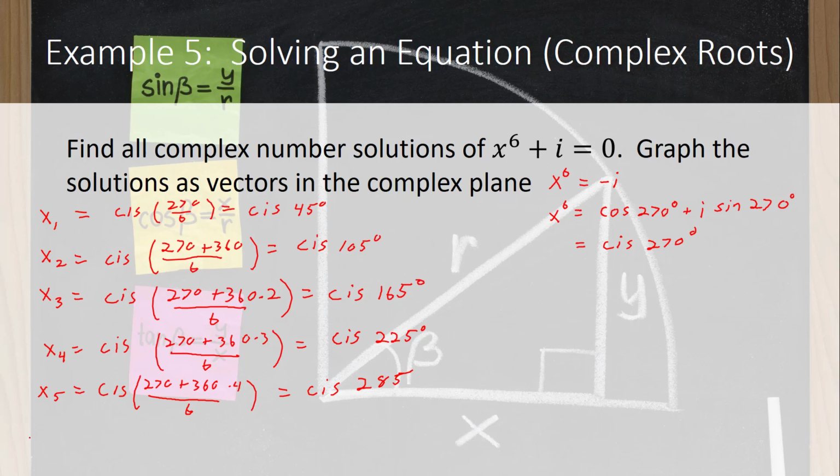And then finally for X6, that is going to be CIS, or compact form, of 270 plus 360 times 5, all that divided by 6, and you guessed it, that is going to give us a CIS of 345.